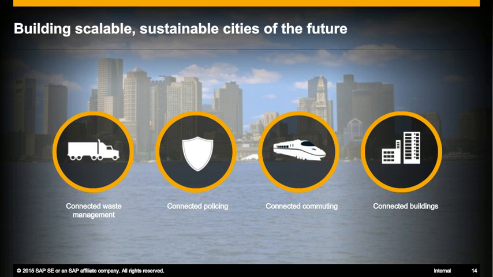You only collect the trash if the bins report that they are full, and you don't collect it on a regular schedule. Also, connected buildings will be able to use energy efficiently by, for example, combining the weather forecast with the air conditioning system in these buildings. So just a few examples of what is really possible.